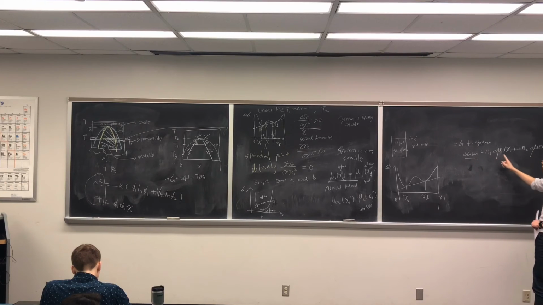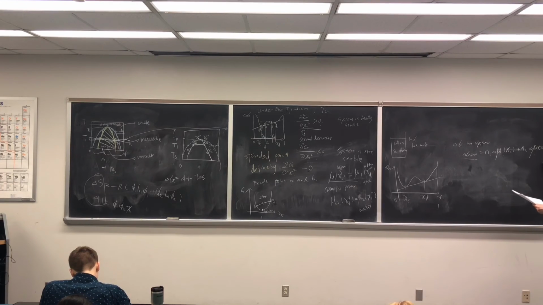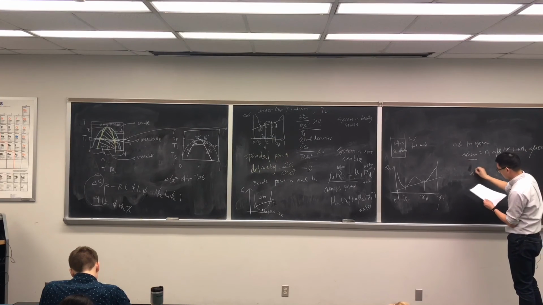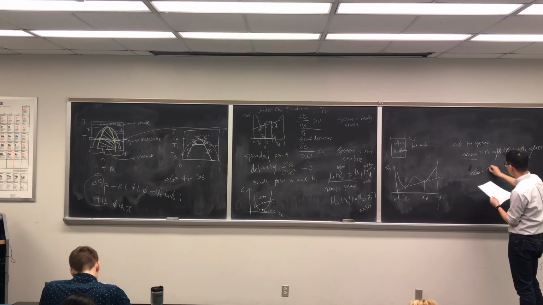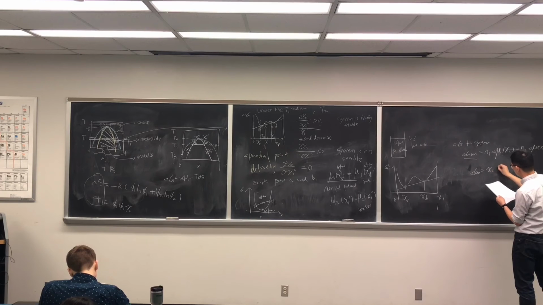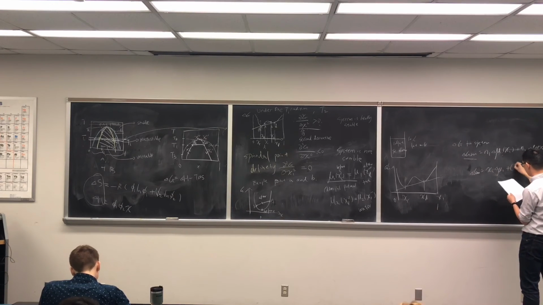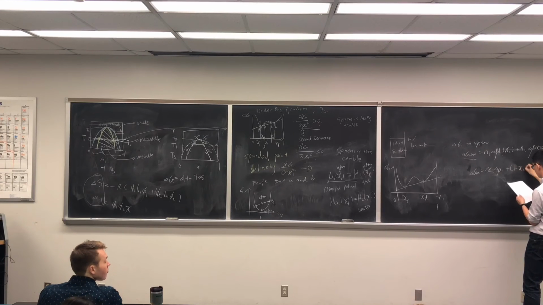It's a linear combination of two parts. And you can write delta G as the composition of C times delta mu1 plus 1 minus X times mu2.